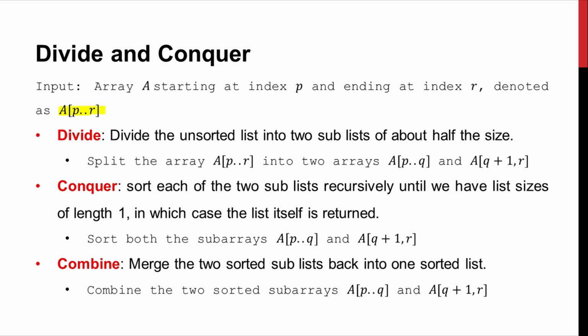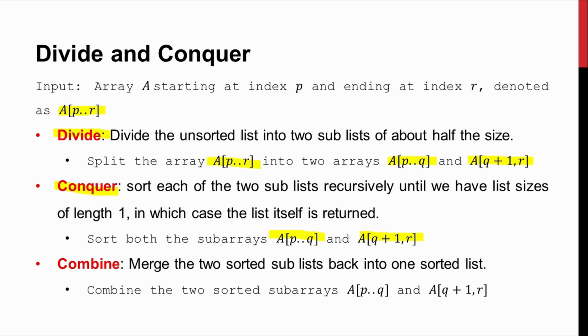In the divide step, if q is the halfway point between p and r, then we can split the subarray A[p..r] into two subarrays, A[p..q] and A[q+1..r]. In the conquer step, we try to sort both the subarrays A[p..q] and A[q+1..r].